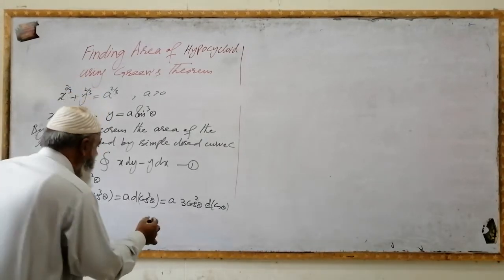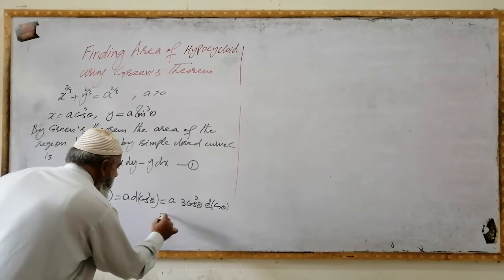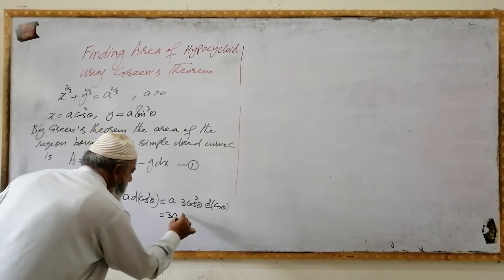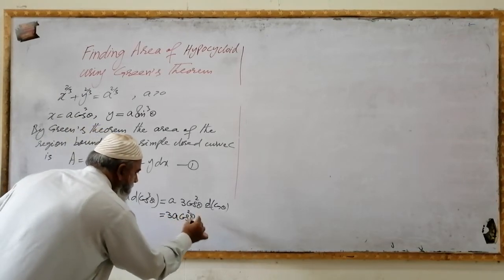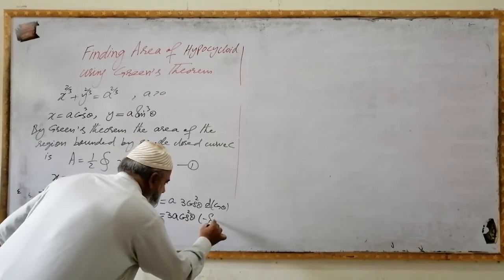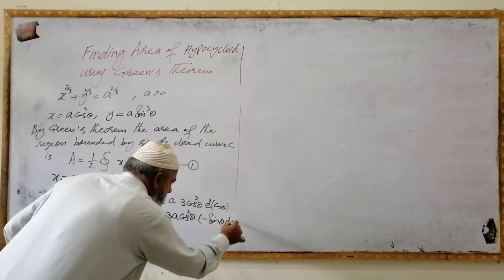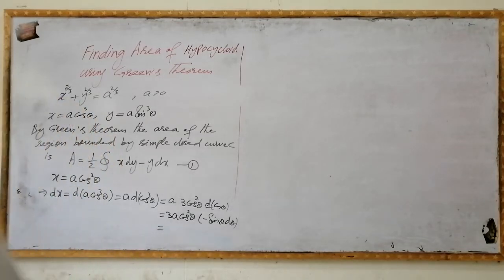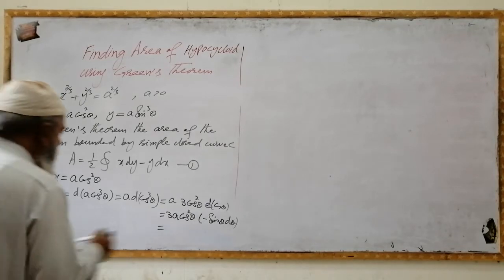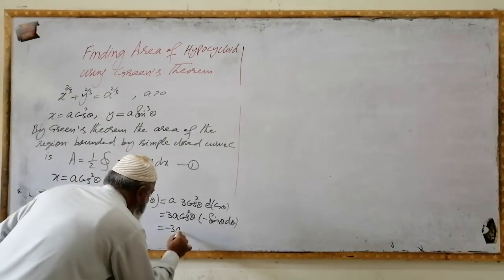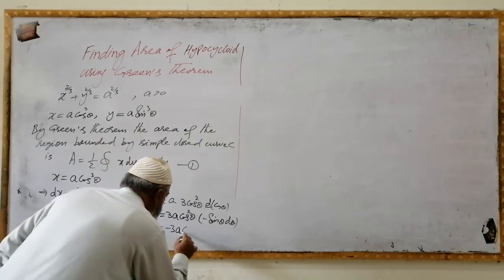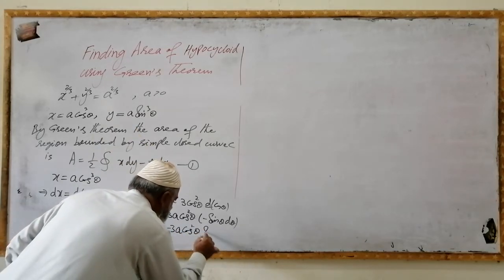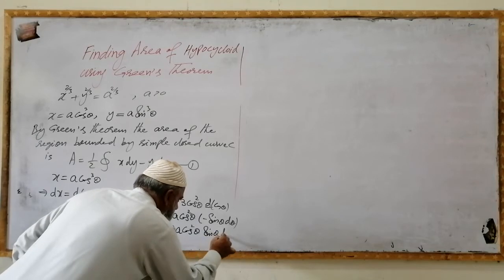This will give you 3a cos square theta into minus sin theta d theta, and finally we have minus 3a cos square theta sin theta d theta.